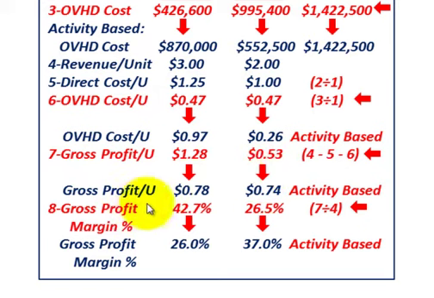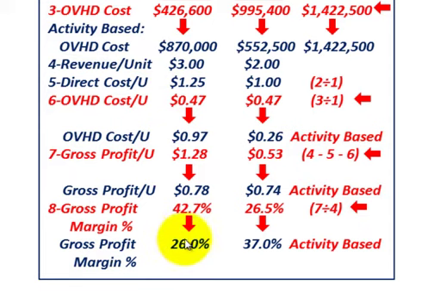And then if you look at your gross profit percentage, making the comparison, 7 divided by 4, your gross profit per unit divided by the revenue per unit. Gross profit for product A is a 42% profit margin versus our activity-based costing, 26%.